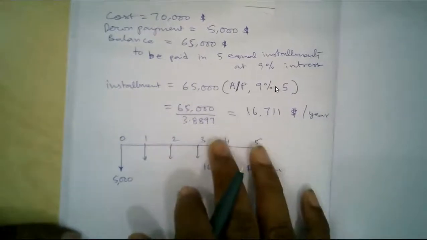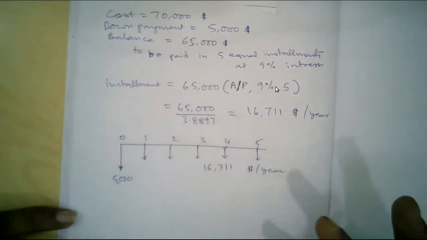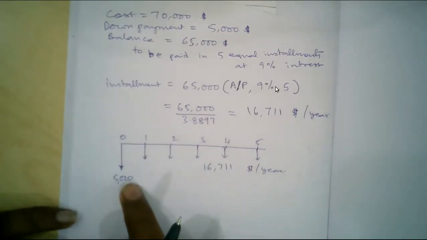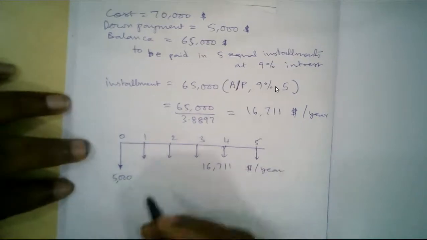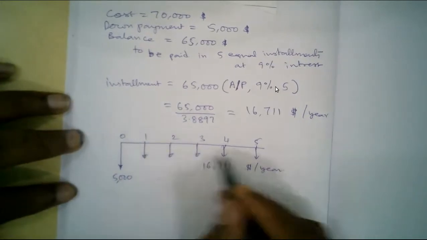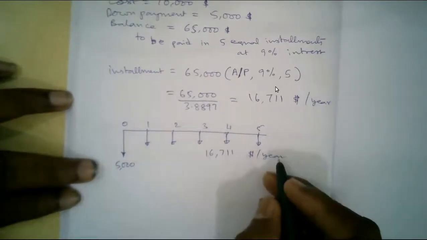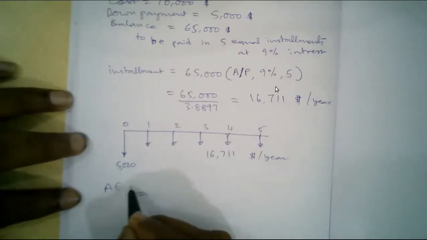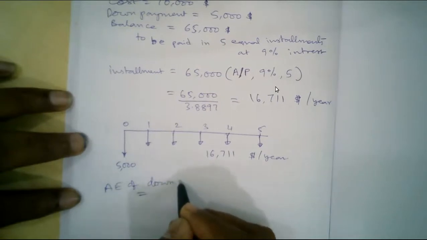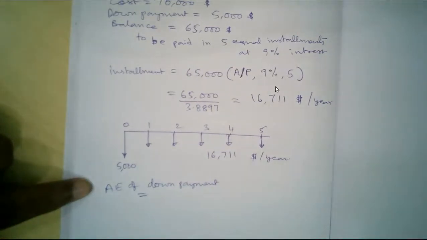Now, what is the annual equivalence again? In fact I should simply find the annual equivalence. If I want to find the annual equivalence, for this 5,000 also I will find it out. So let's add that to this. This is equivalent to 5,000 over the next 5 years. Again the same calculation will repeat. Here is the annual equivalent of the down payment.